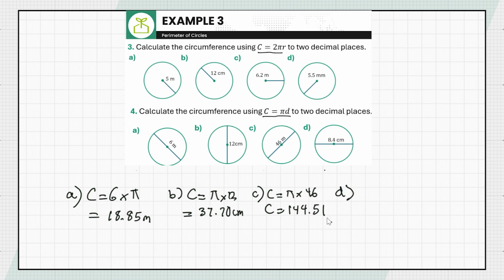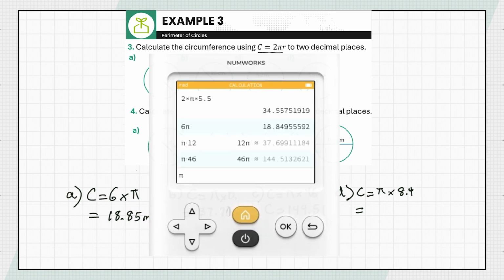Alright, for D, we need to determine our circumference is equal to pi multiplied by 8.4, hit execute, and we get 26.389, so 26.39.